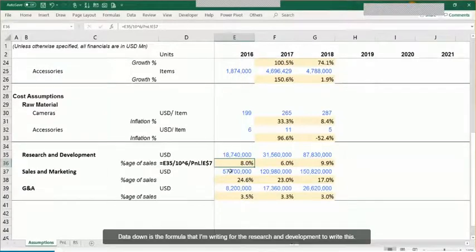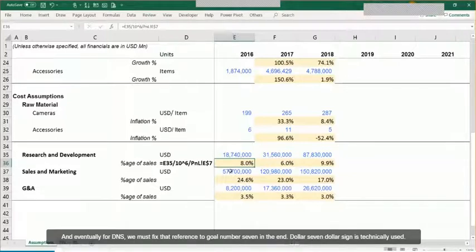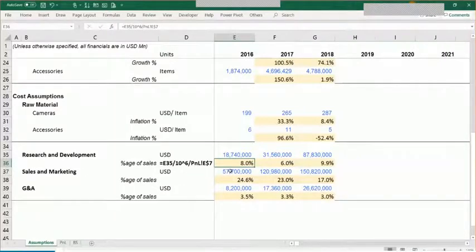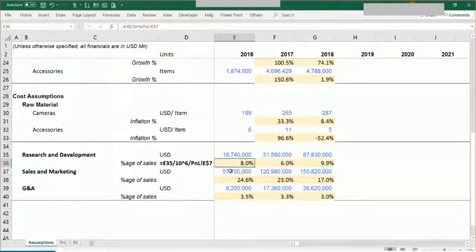The formula that I'm writing for the research and development, I have to write for the sales and marketing and eventually for G&A as well. So we must fix that reference to row number 7 in the P&L. That's why we put $7, and the dollar sign is technically used for fixing a particular component of the reference.